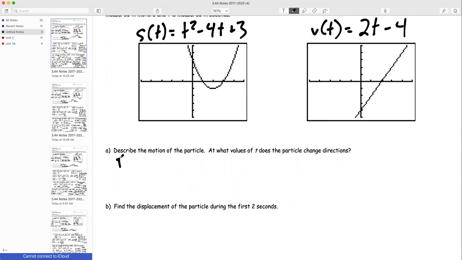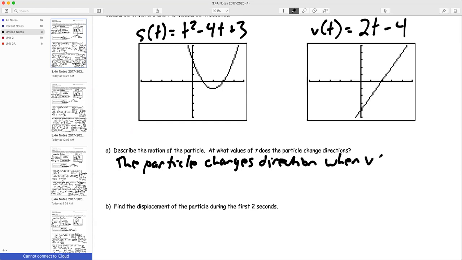Okay, the particle changes direction when v equals 0 and changes signs.